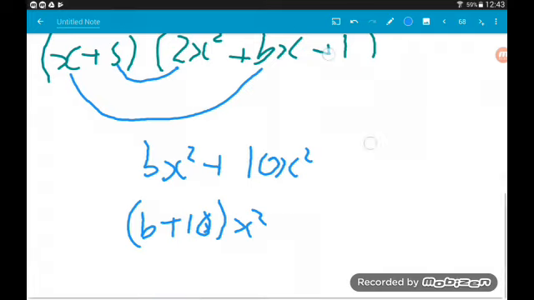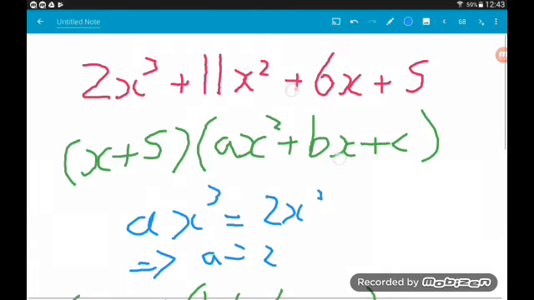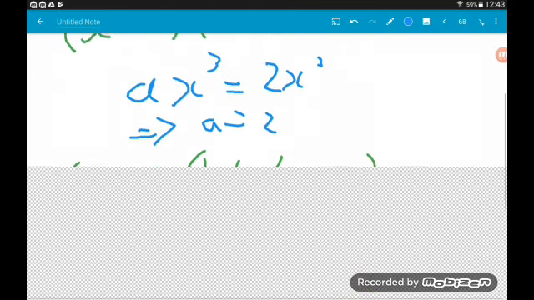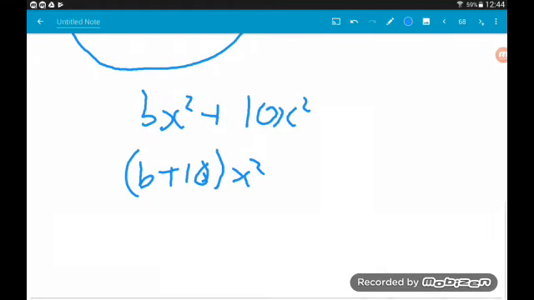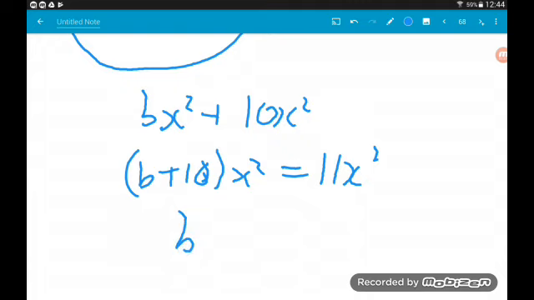Now if we compare that to our x squared term in the cubic, we've got 11x squared. So (b plus 10)x squared has to be 11x squared. So b plus 10 is 11, therefore b is equal to 1.